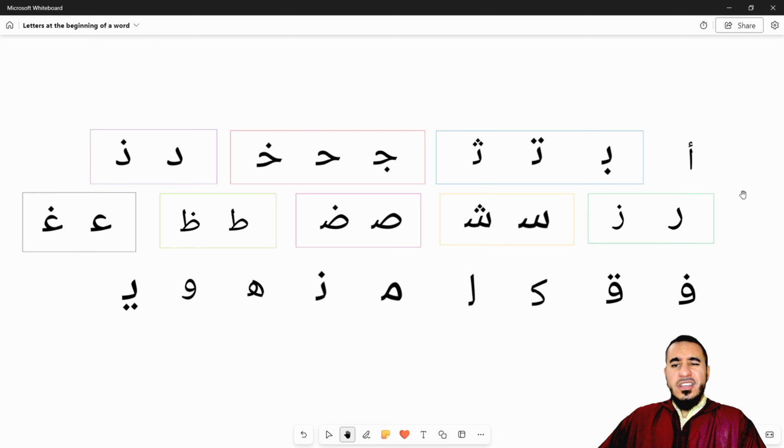The harakat, we said, were the vowels or diacritics. For example, the dhamma, which makes the u sound, the fatha, which makes the a sound, and the kasra, which makes the i sound. So today, again, we're going to look at how these letters appear when they are the first letter in a word.